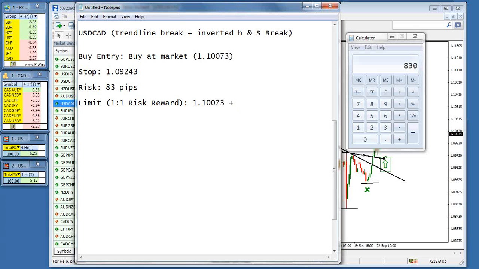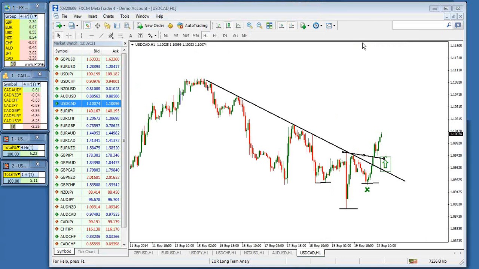So when you're looking at this, this would be 1.10903. Would be your limit on this. So your limit would be put right up in here.